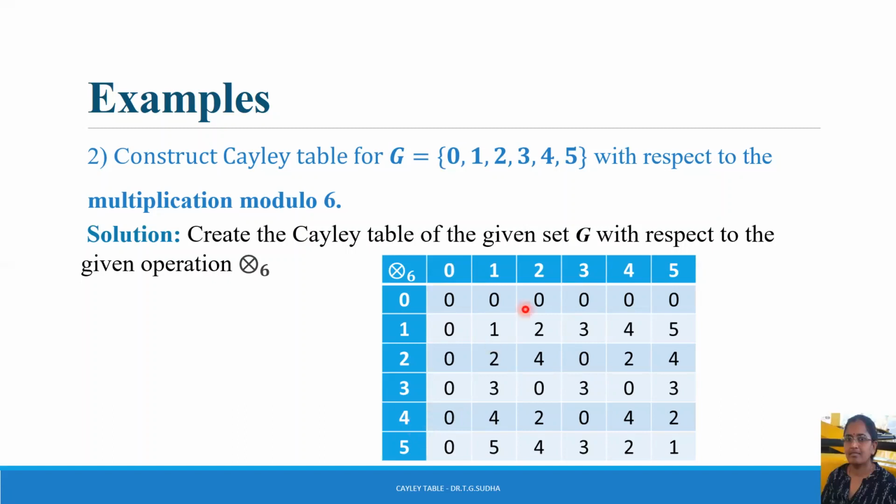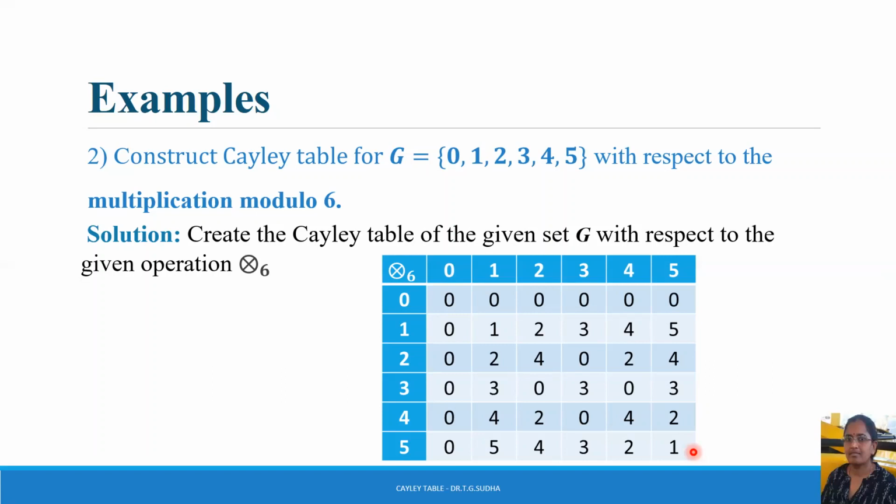Likewise, 4 into 2 is 8, which when divided by 6 leaves remainder 2, so 2 is entered here. Similarly, 5 into 5 is 25, and on dividing 25 by 6 we get the remainder 1, so 1 is entered. Likewise, the entire table is created.